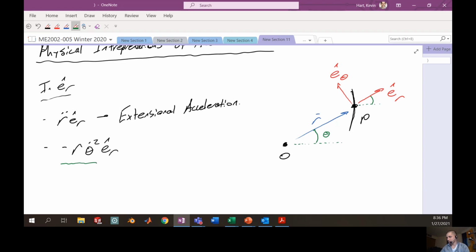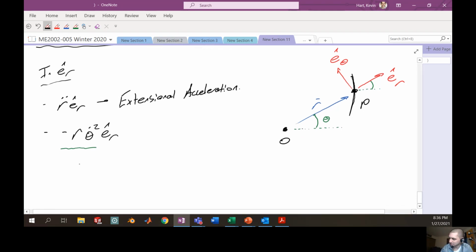Because if you remember back to your normal and tangential axes, you had a normal acceleration, an acceleration pointing inwards towards the center of curvature, which is something like the velocity squared over the radius of curvature. We have some flavors of that here, okay?